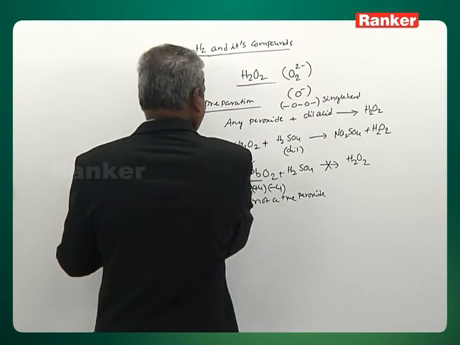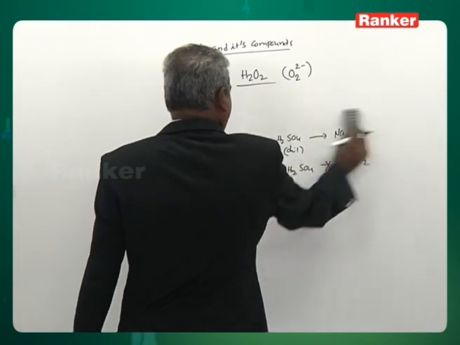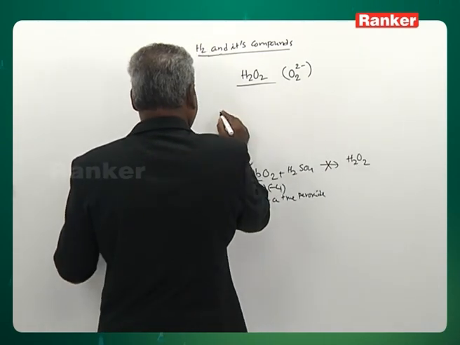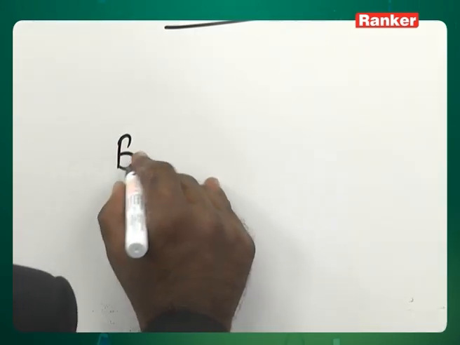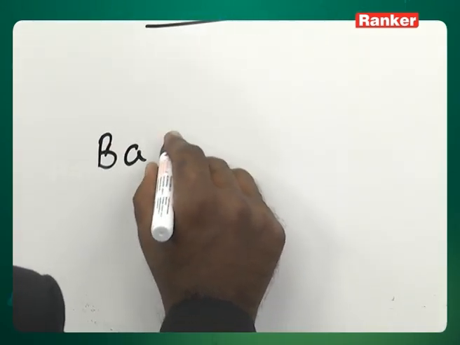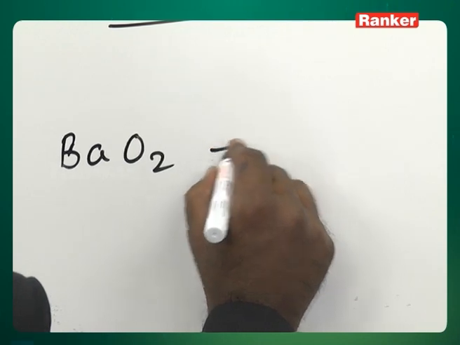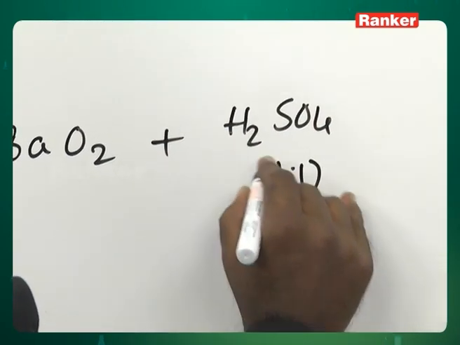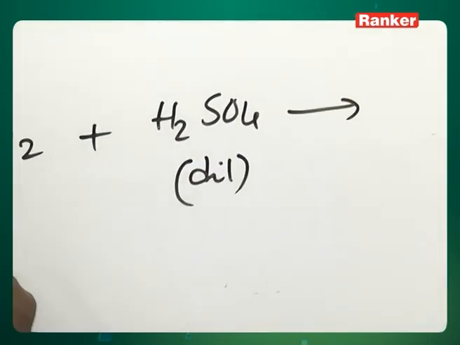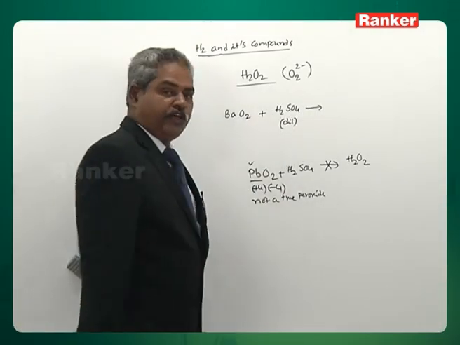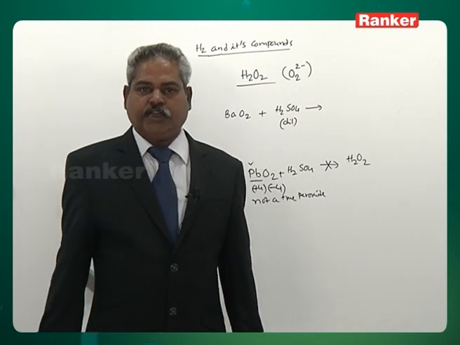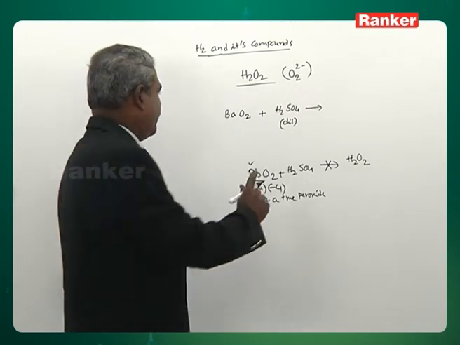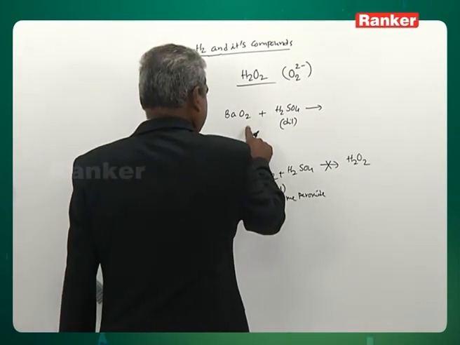Next, BaO2 plus H2SO4 dilute, you definitely, this is barium peroxide, plus 2, minus 2. Barium has a fixed oxidation state, plus 2 only, therefore this is minus 2.